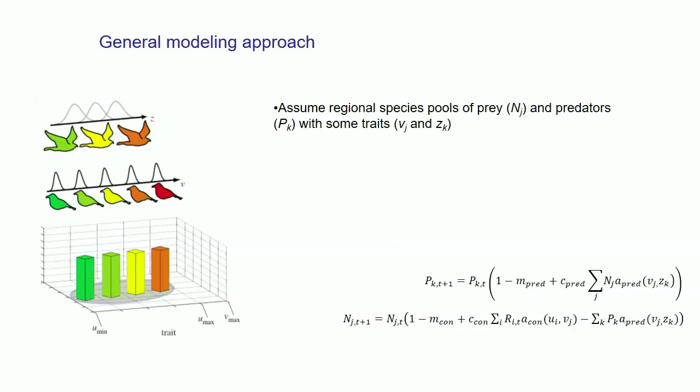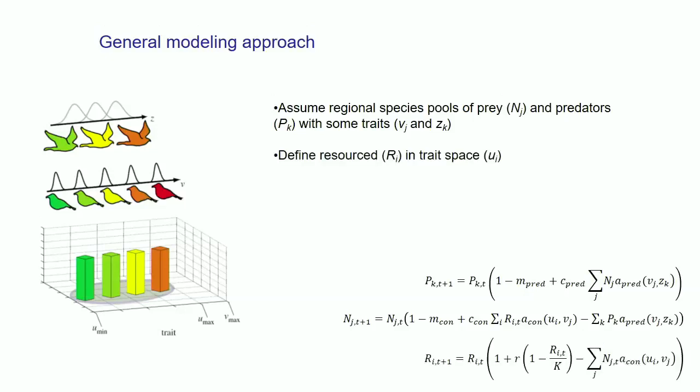We also assume that these prey and predator have some trait, V or Z. Furthermore, we define a basic resource distribution, or resource availability. We define J resources in that same trait space, and here that trait will be denoted by U.